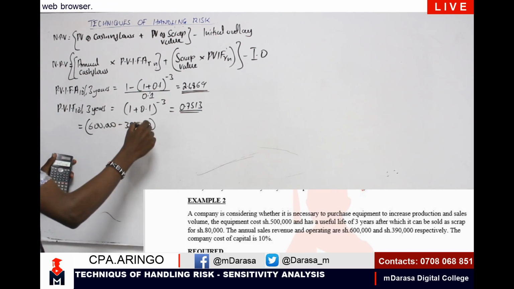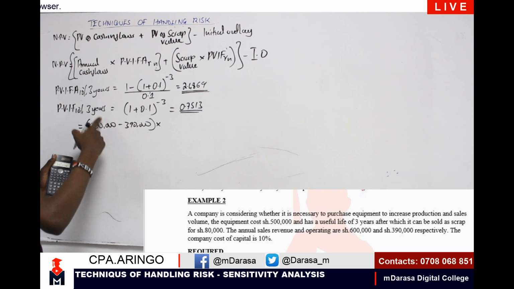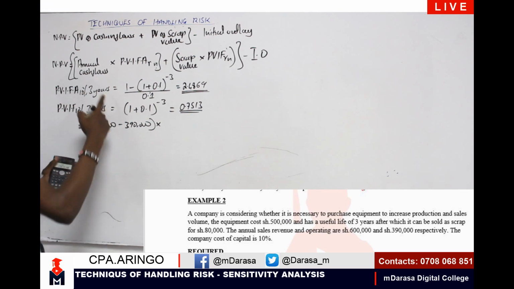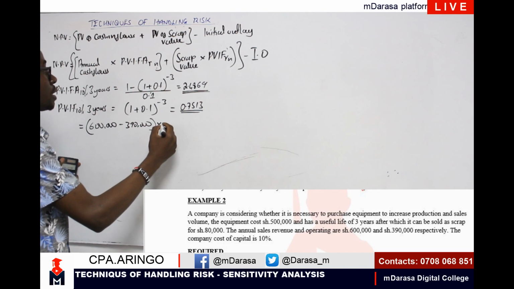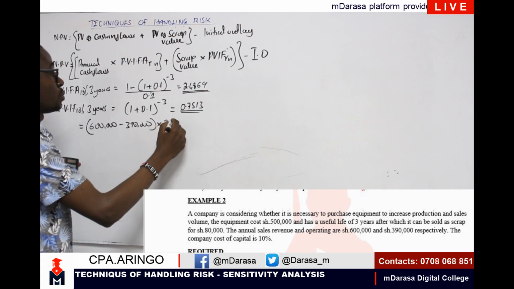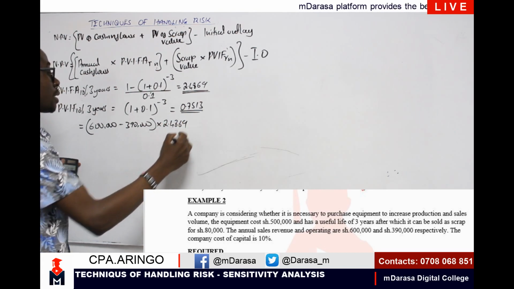So having our 390,000, that is our annual cash flow, times the present value interest factor annuity, given the rate and number of years, which we have determined to be 2.4869.